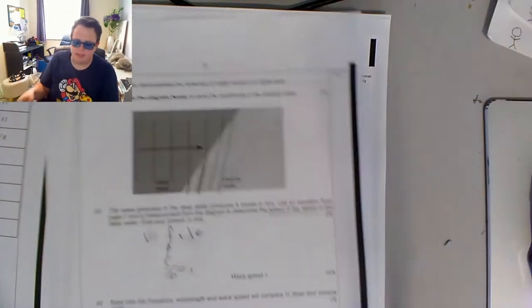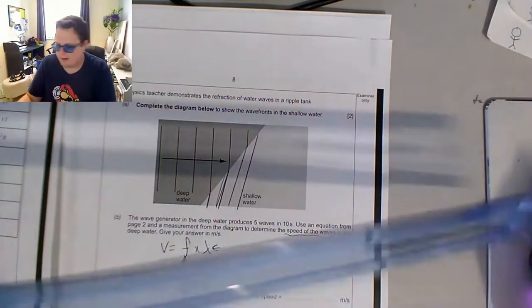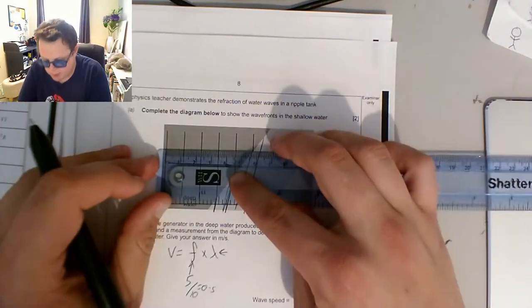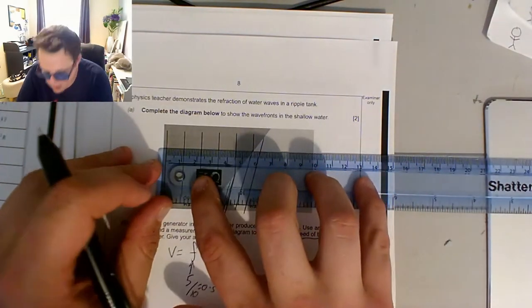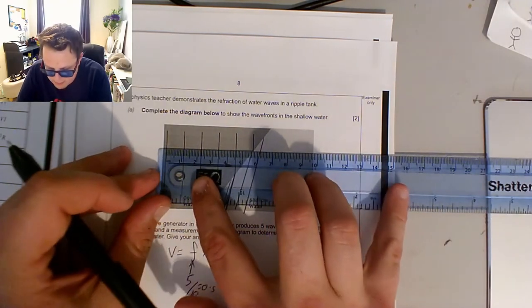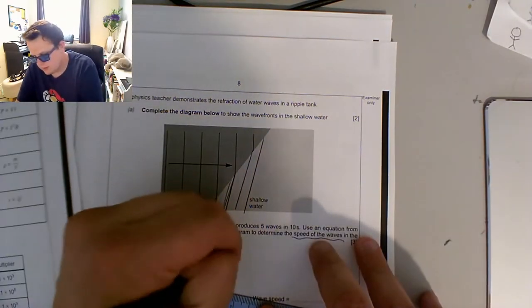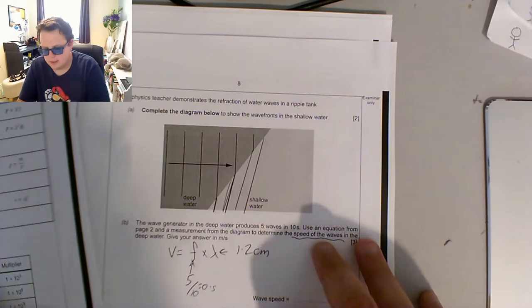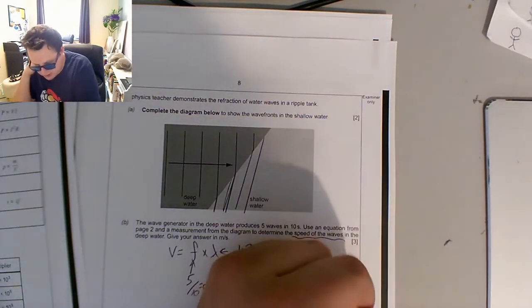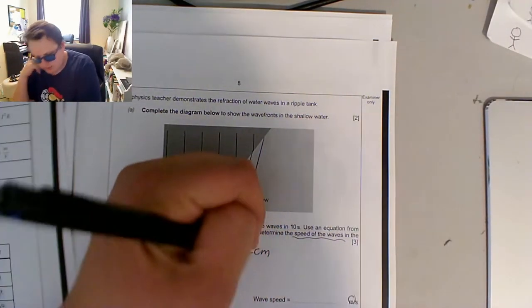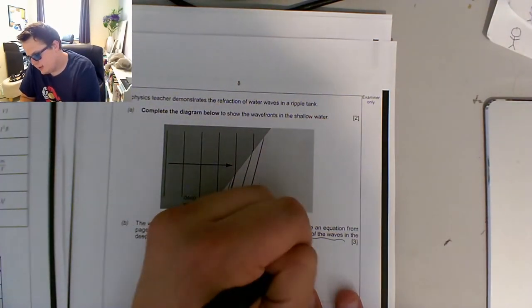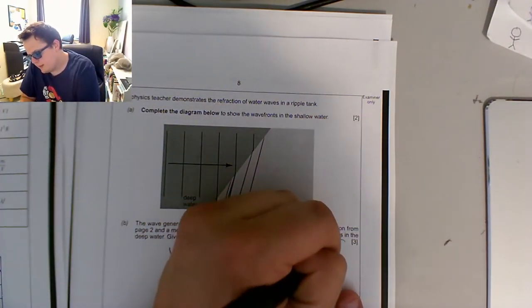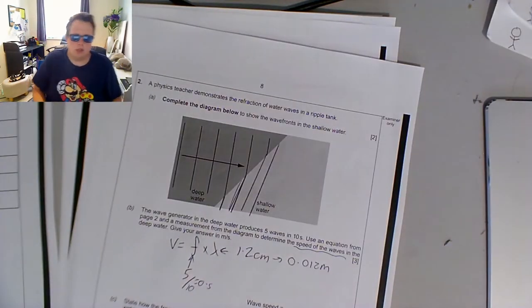And our wavelength we need to measure from the diagram. So we measure that from the diagram, and on mine, I'm getting that to be 1.2 centimeters. Now we want wave speed in meters per second, so in fact we need to convert our 1.2 centimeters into meters, 0.012.